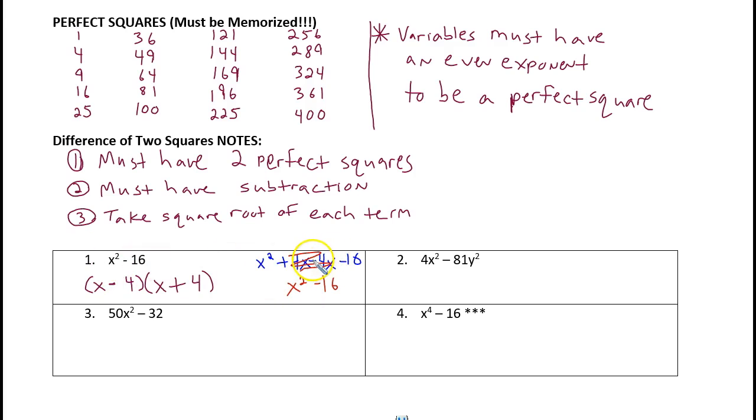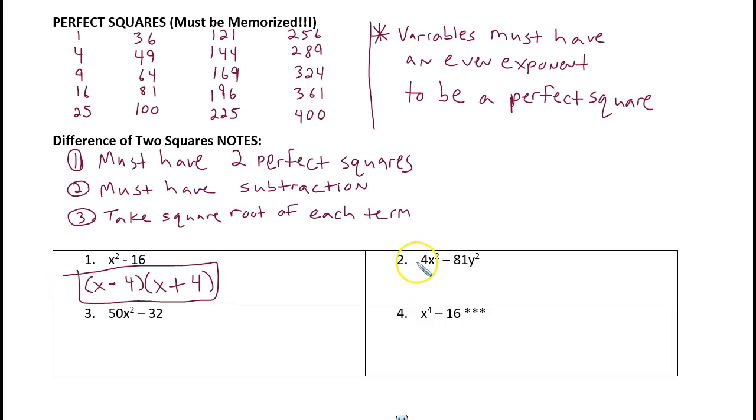Well, that happens every time you have something minus something times something plus something. As long as the first term is the same and the second term is the same, the middle, inside and outside of the FOIL are going to cancel each other out. So let's erase that. And that is, in fact, our answer right there. You can circle it up.